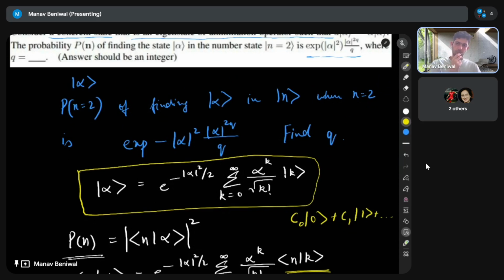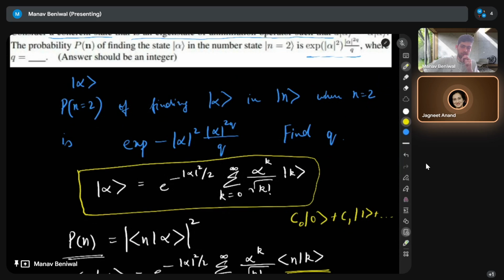So when we can write this state like this, then we can ask a question: what will be the probability of finding this coherent state alpha in any number state, for example, the ground state. Can we say that in a harmonic oscillator, all the states are coherent states?